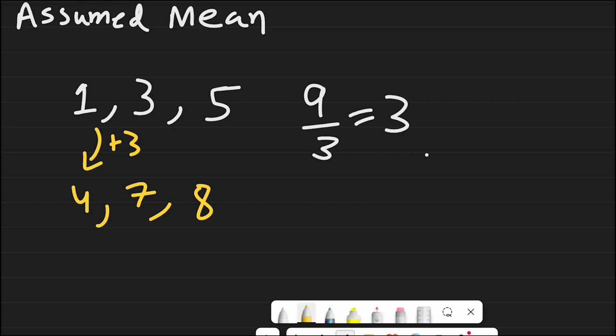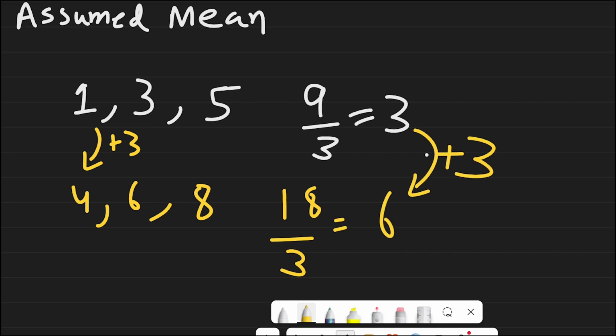The mean would be 4 plus 6 plus 8, 18, over 3, and that would be 6. Okay, so if we see the difference between means, that has also been added by 3. You see, we have added 3 to all values and the mean also got added by 3.